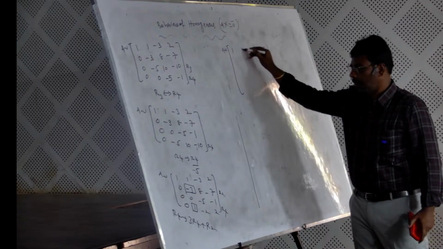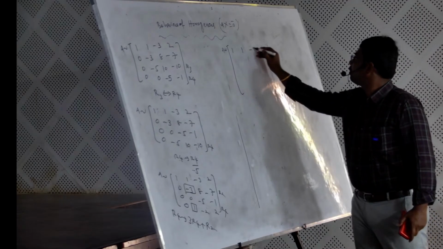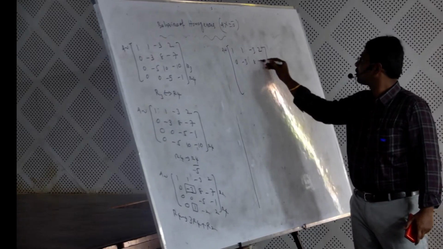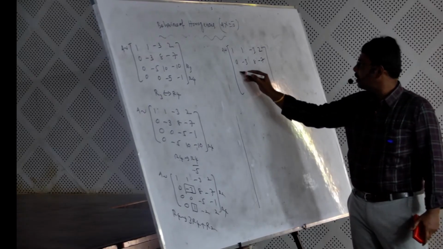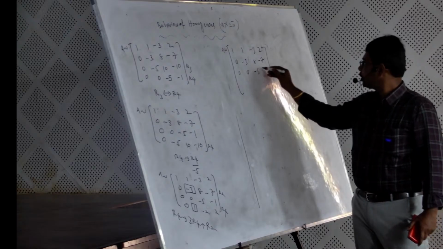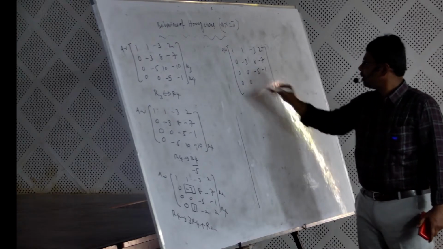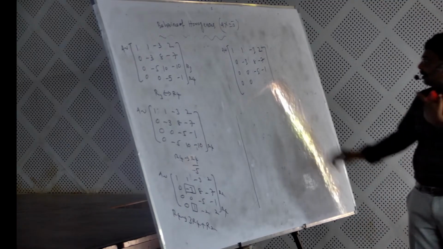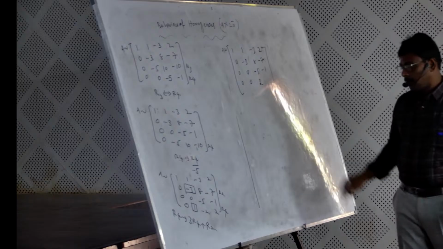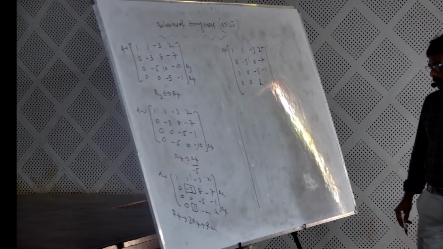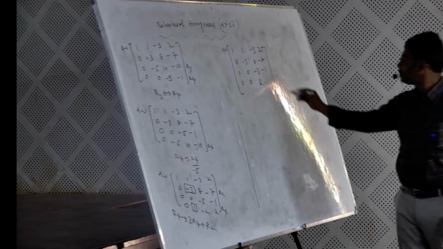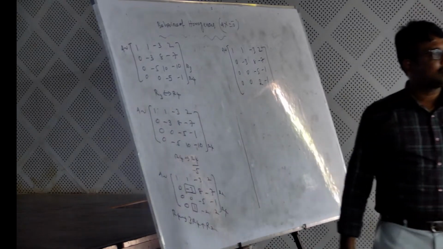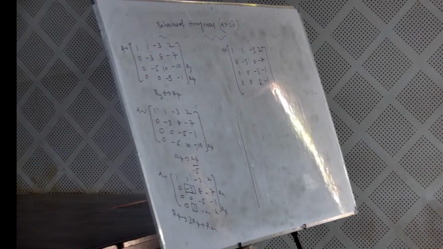1, 1, minus 3, 2, 0, 0, 0, 0. Minus 6 plus 8. How much? 2. Is it in the echelon form?